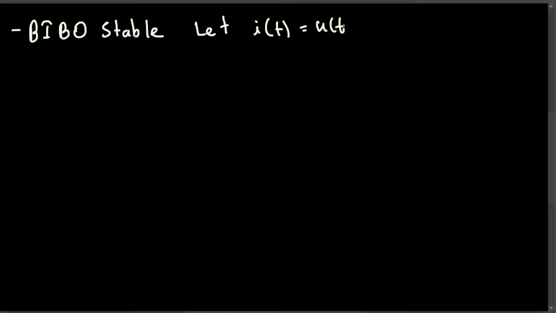So if we input u of t and we get an output that is also bounded, then this is a bounded input bounded output stable system. So we are going to apply u of t instead of i of t to check whether it will happen. So u of t is a bounded input, the unit step function.